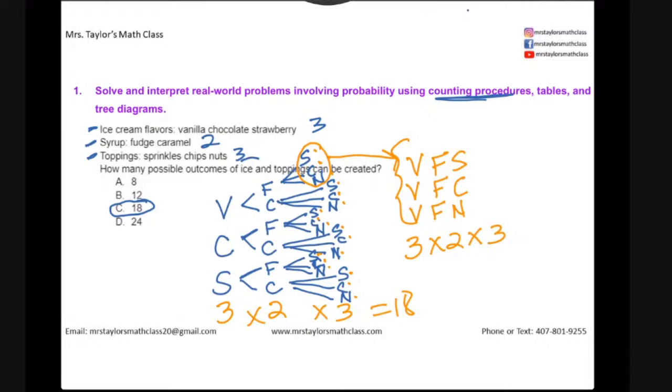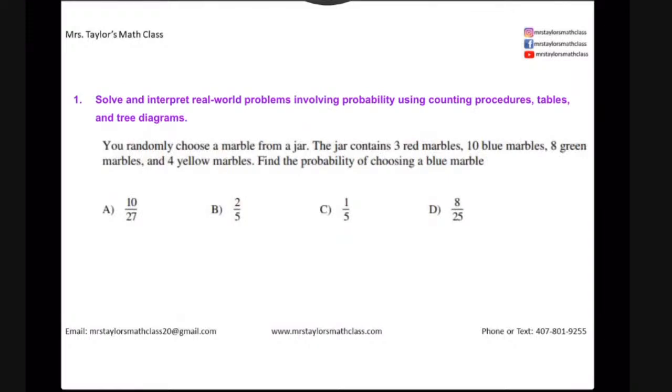Okay, am I done? No, I got one more. Okay, so now let's do probability. It says you randomly choose a marble from a jar. The jar contains 3 red marbles, 10 blue marbles, 8 green marbles, and 4 yellow marbles. Find the probability of a blue marble.